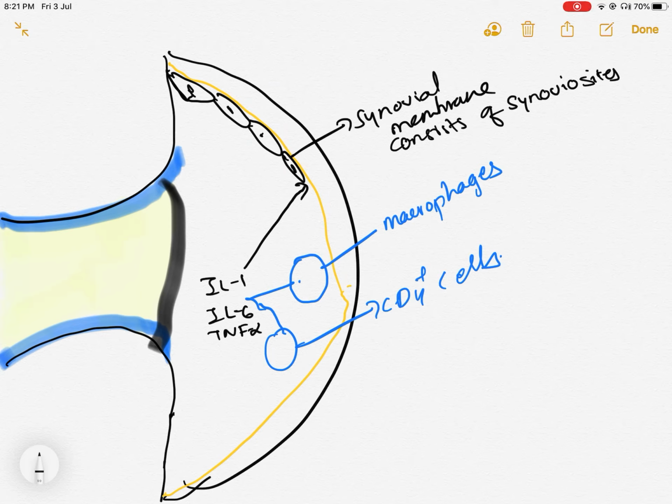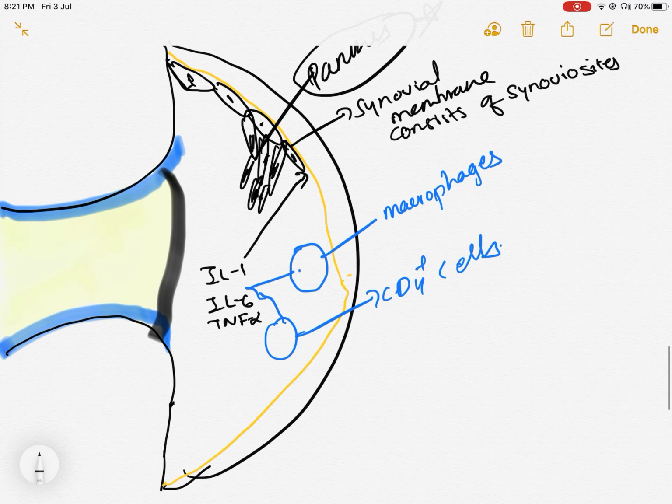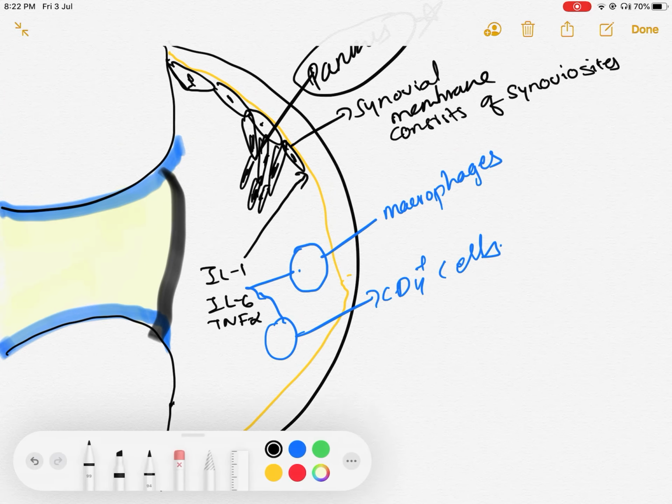So once interleukin 1, interleukin 6 and TNF alpha act on the synovial membrane, the synoviocytes start proliferating, and when they proliferate they form a villus-like projection into the joint, which is called pannus. And this pannus is the pathognomonic feature of rheumatoid arthritis on histopathology, that is, proliferation of the fibroblast-like synoviocytes in the form of a villus into the joint capsule is pannus.